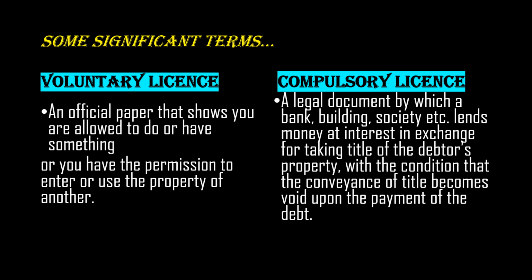And then what is compulsory license? It is a legal document by which a bank, building society, etc. lends money at interest in exchange for taking title of the debtor's property, with the condition that the conveyance of title becomes void upon the payment of the debt. I hope now you can differentiate between these two.